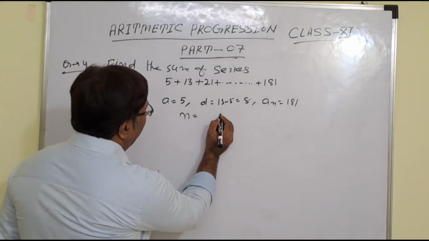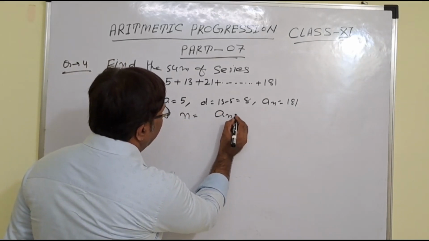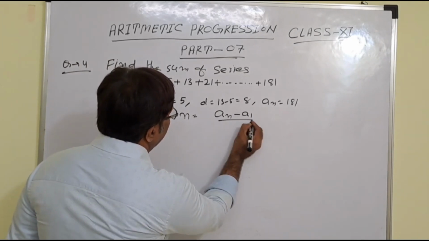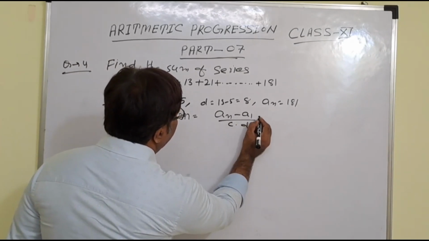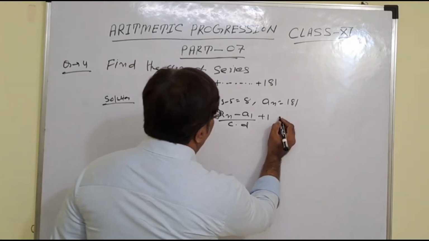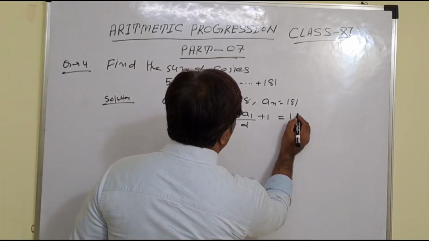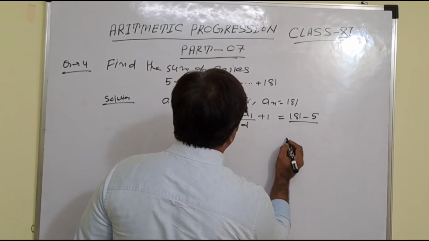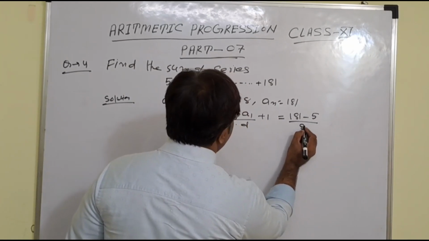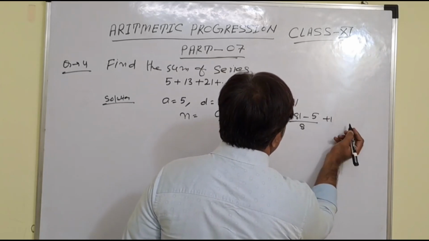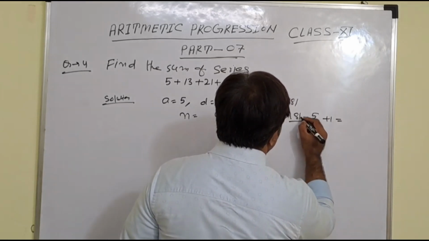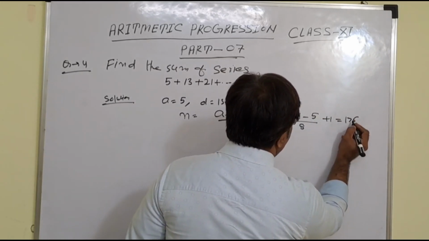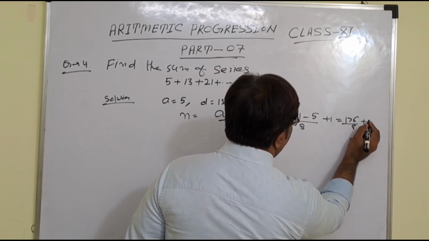The formula for n is simple: last term minus first term, divided by common difference, plus 1. Here the last term is 181, the first term is 5, and the common difference is 8, plus 1. So we can write 181 minus 5 is 176, divided by 8, plus 1.